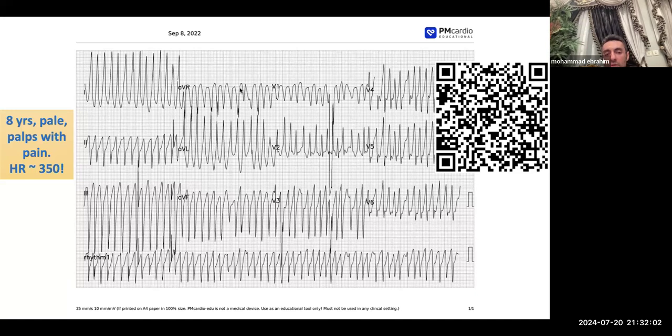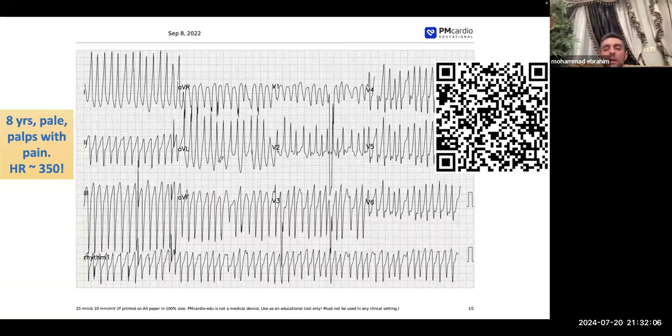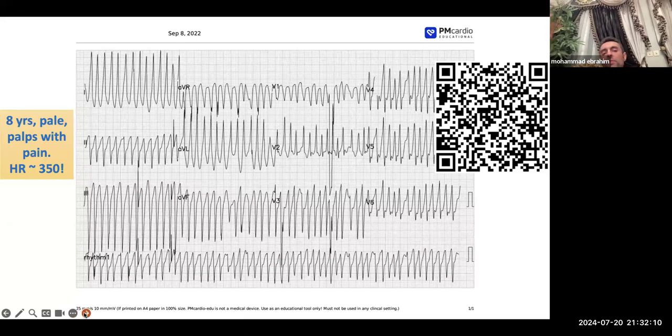Most people said VT, and VT is in the differential, of course. Heart rate is very fast. The patient was stable-ish, but drowsy. So if you see irregular wide complex tachycardia, what do you typically do? Do you give adenosine, yes or no?